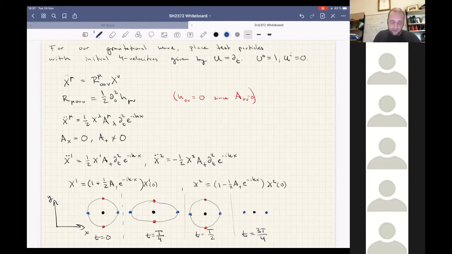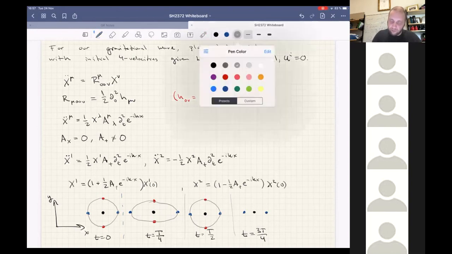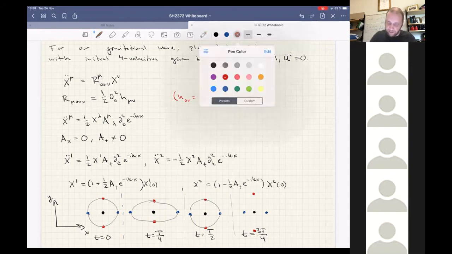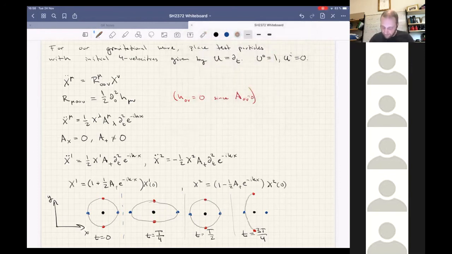And since the y displacements are out of phase with that, or in complete opposite phase to that, they would be here and here, and the ellipses would instead look like this. Well, given my drawing skills, but you get the general idea. So this is why this is called the plus mode.